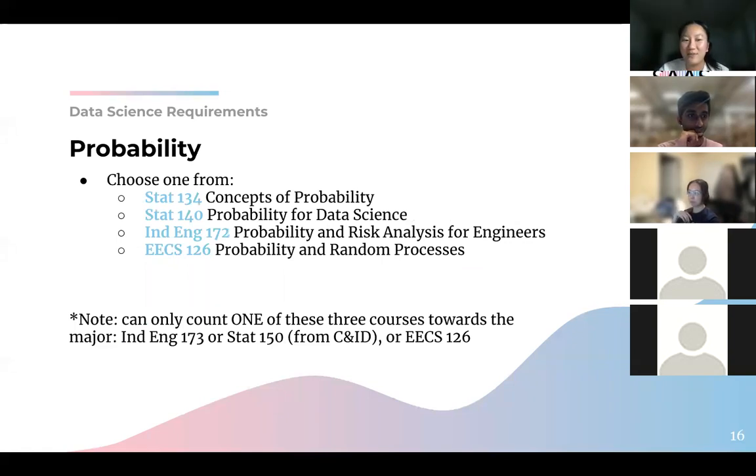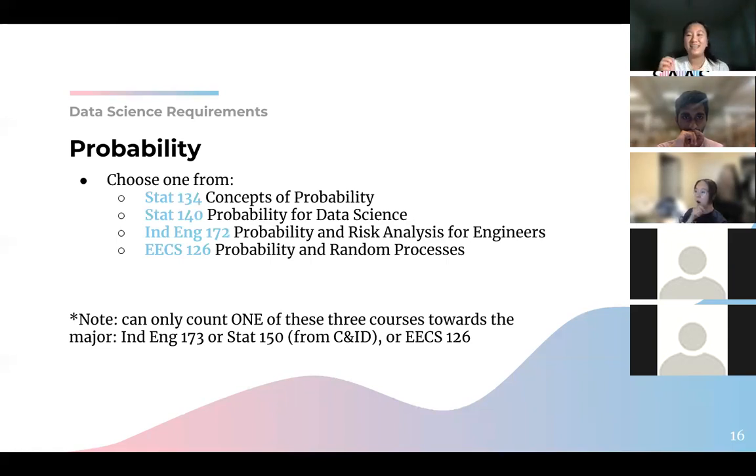Okay. For probability, you can choose one from Stat 134 and 140, which we mentioned earlier, or Industrial Engineering 172 and EECS 126. And note that only one of these classes can count towards the major of this list, because EECS 126, for example, is in both the probability bin and also in the computational depth bin.